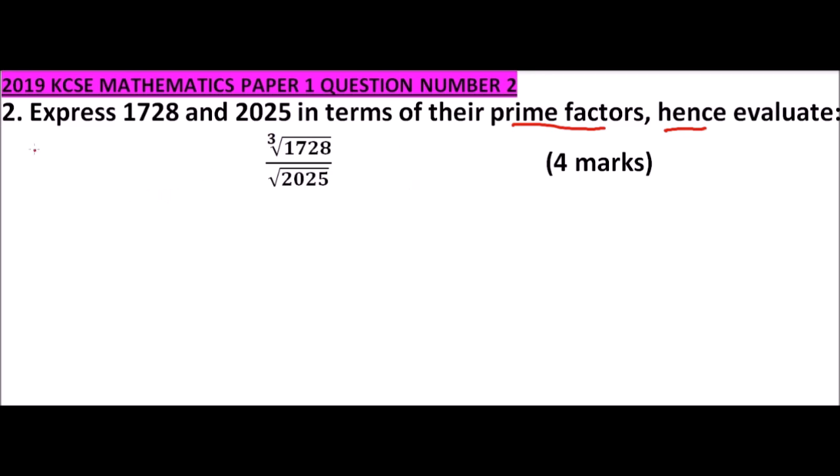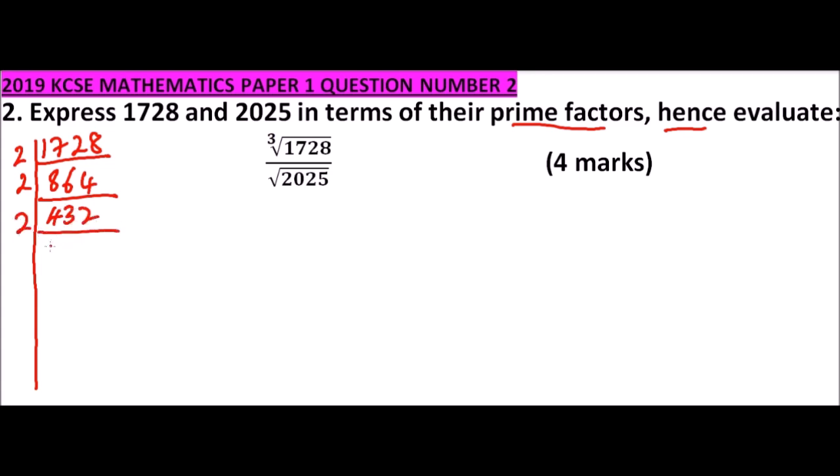So let's start by getting the factors of 1728. You can use any method that you are comfortable with. I'm going to use this method. So this is 1728. We start by 2, and we should be able to get 864. You get 2, you should be able to get 432.